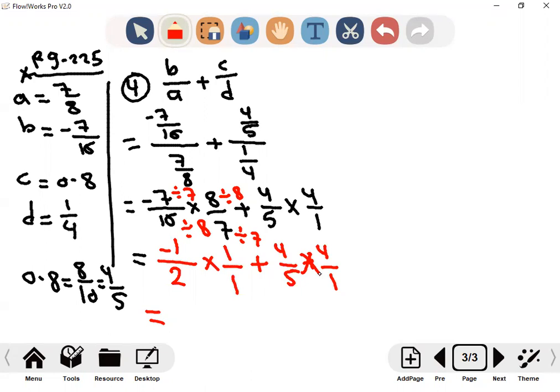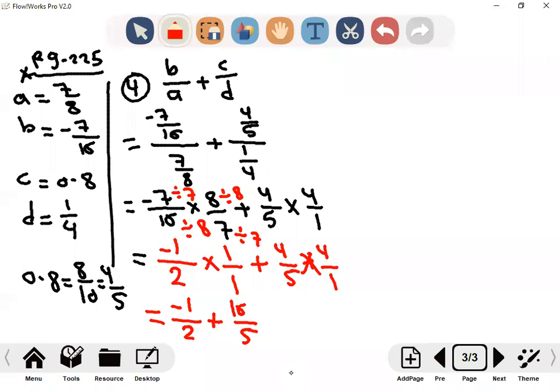Yeah. Negative 1 multiply 1, 2 multiply 1, plus 4 times 4 over 5 times 1, which is 5. Right? Correct?